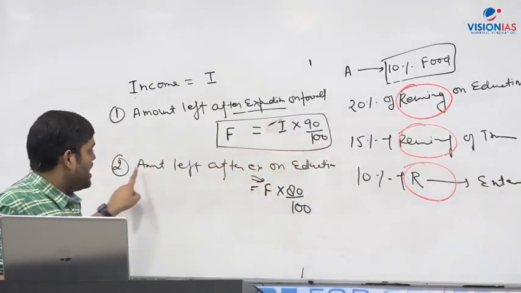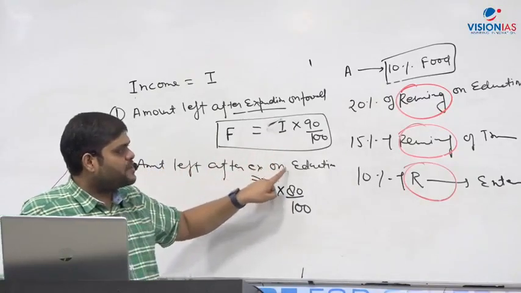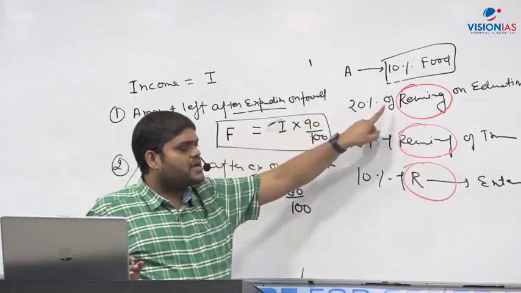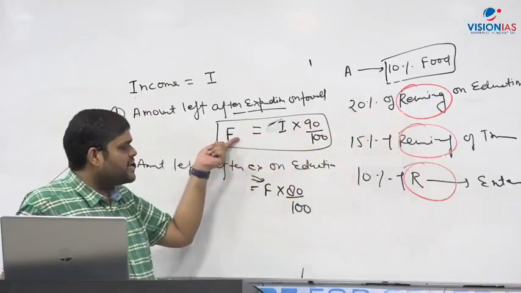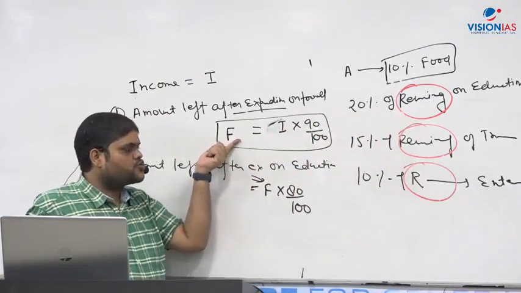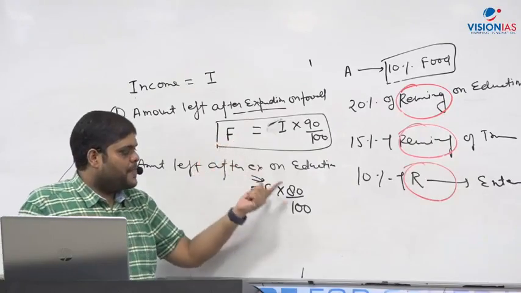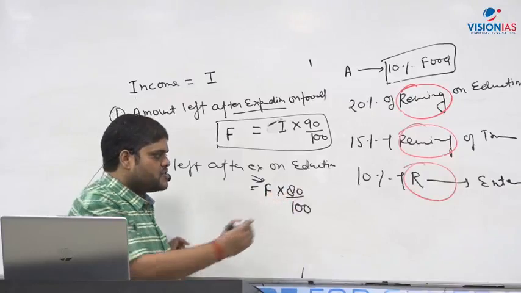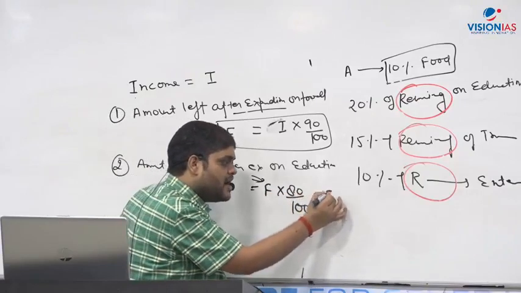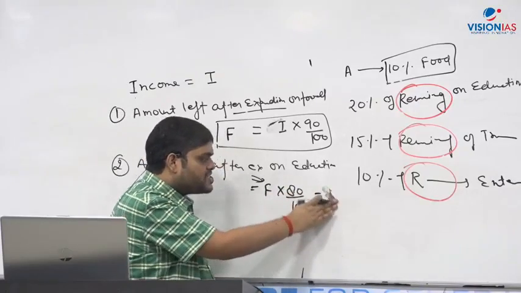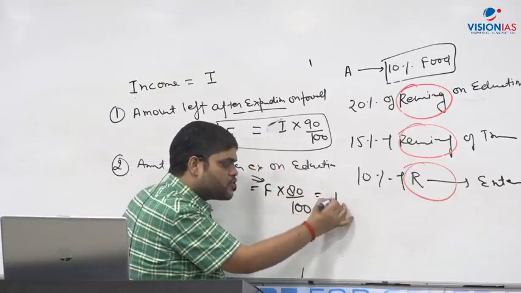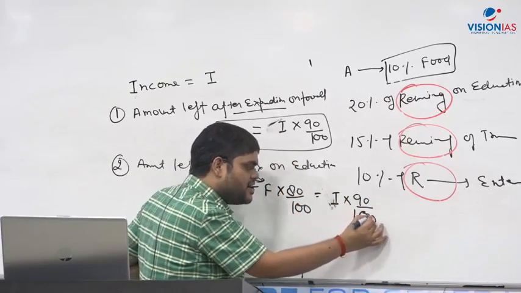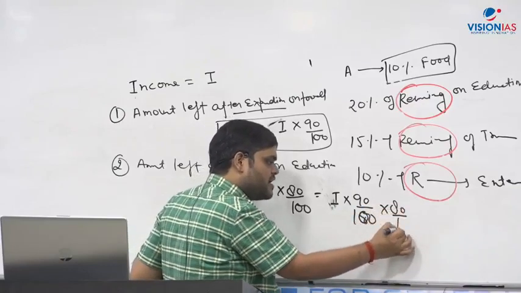Now, amount left after expenditure on education, he is using 20% of remaining, remaining is F. So if you use 20% of this amount, 80% of this is left. So what is the value of F? F is equal to I into 90 upon 100 into 80 upon 100.